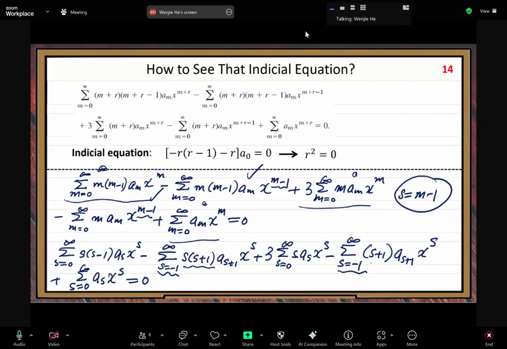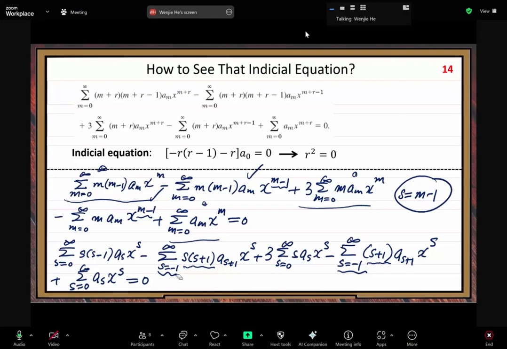And this term is also 0 at s equals -1. That means when s equals -1, that term has no contribution, because the coefficient is 0. These two terms in their summations have no contribution.